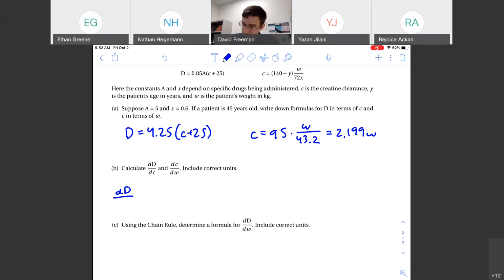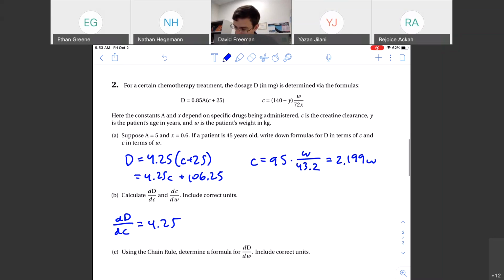Then dD/dC, so now D is a function of C. If we expand that out a little bit, we get 4.25. And what are the units? Well, C is this creatinine clearance thing, so the input is the creatinine clearance, and the output is milligrams.